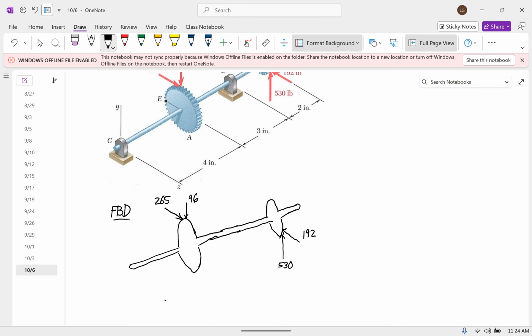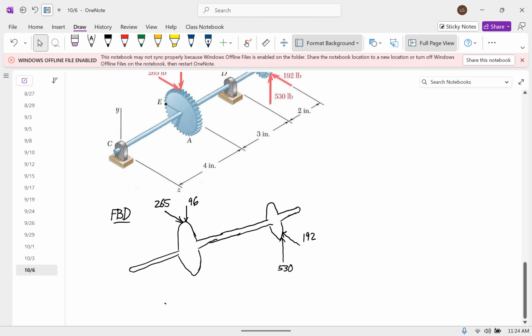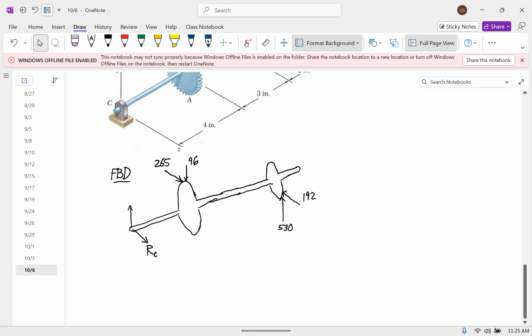And now we have to think about the joints. So I'm going to assume that there's no thrust anywhere. So at C, we're going to have a force component that way and a force component that way. No force component along the axis. So I'll call this RC. What are the directions? This would be Z, and then RCY.